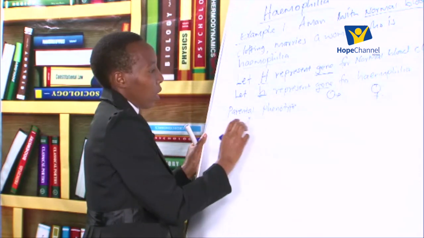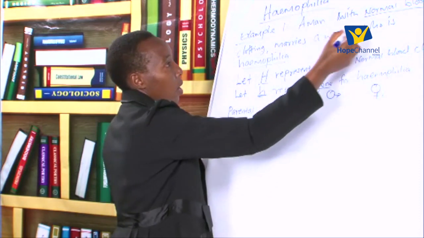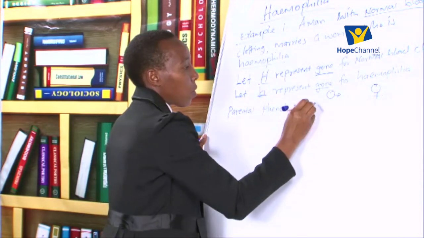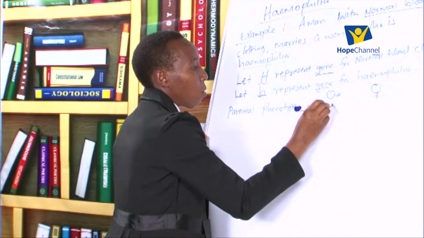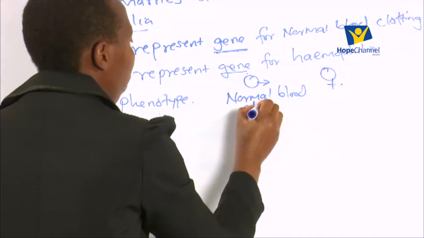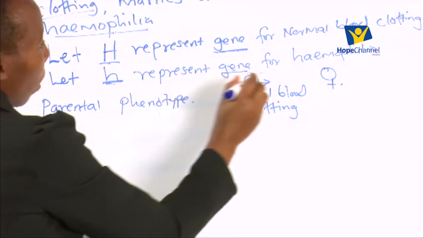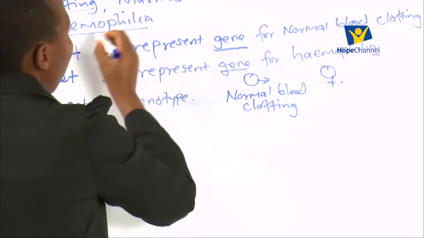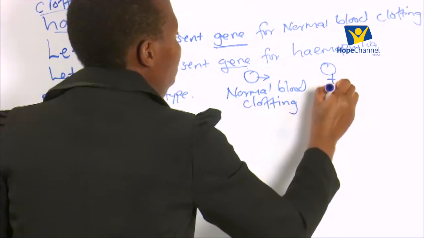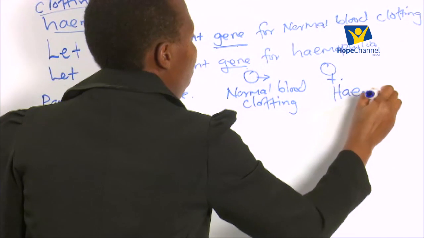So parental phenotype, physically, the man has normal blood clotting. The female is hemophilic.